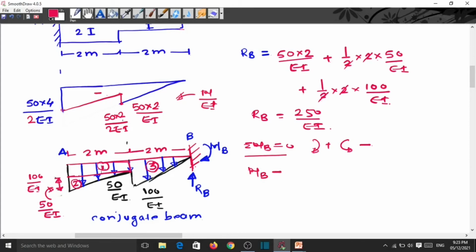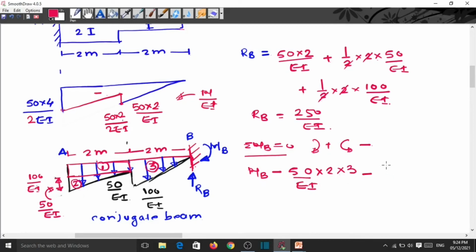Now first, this is our first area: 50 into 2 into, now we are taking the moment about A. So this is 1 meter from here, plus 2, so this is 3 meter. It is divided by EI. Then next is this triangle.